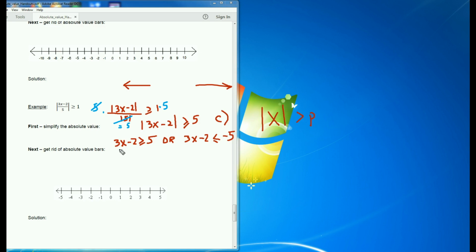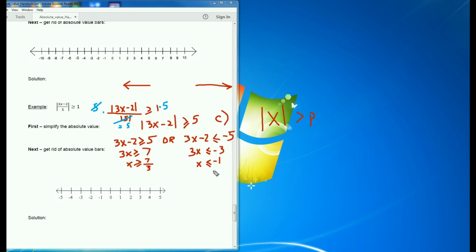Now just solve. 3x is greater than or equal to 7, so x is greater than or equal to 7/3. Or 3x, adding 2 to both sides, is less than or equal to negative 3. Divide by 3: x is less than or equal to negative 1.